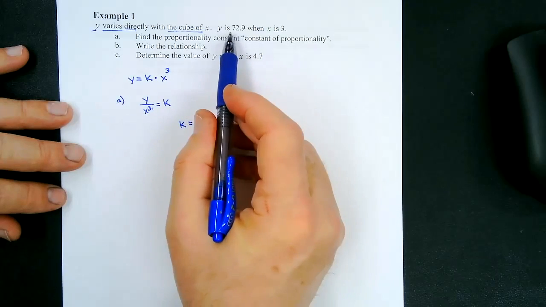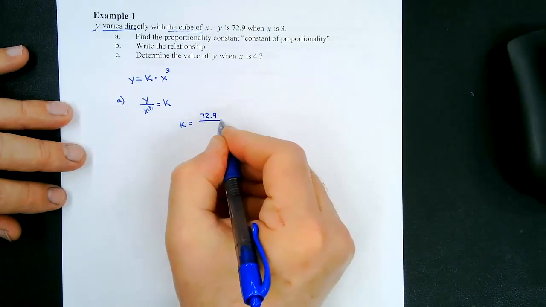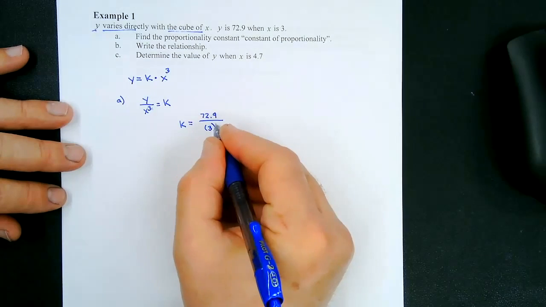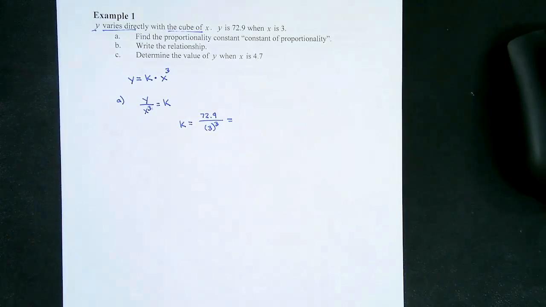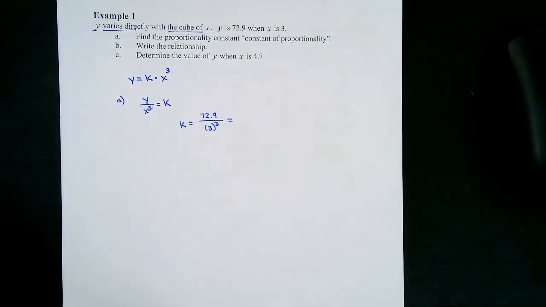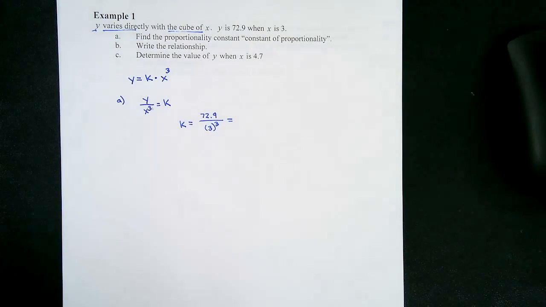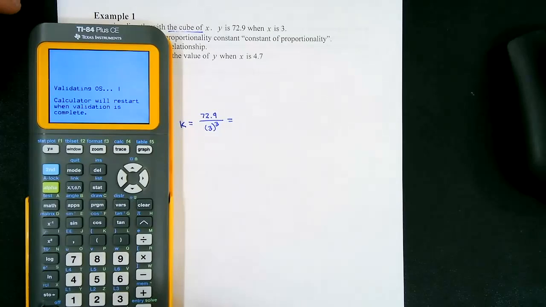So that's going to be 3 cubed. So I'm going to grab my calculator, because I don't know what that is off the top of my head, and I don't expect you to either. We're going to take our 72.9. I haven't started this in a while.